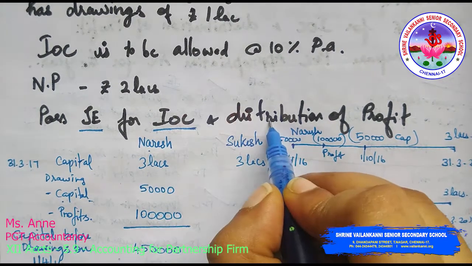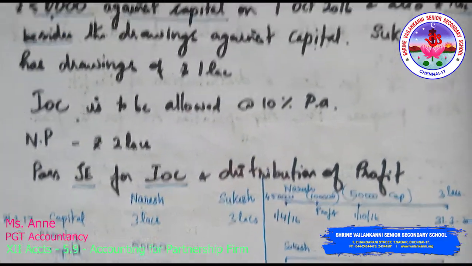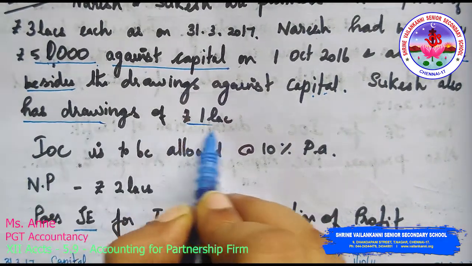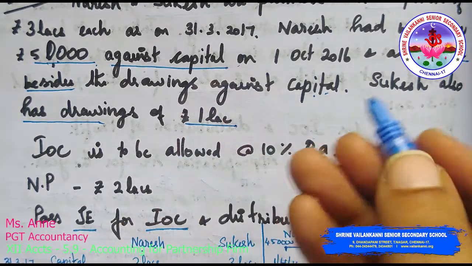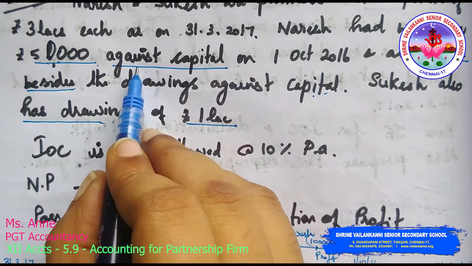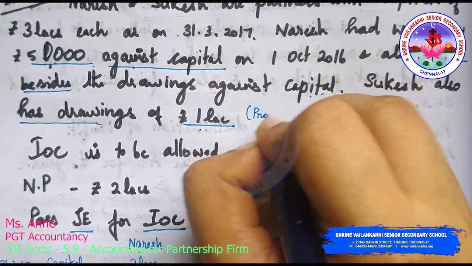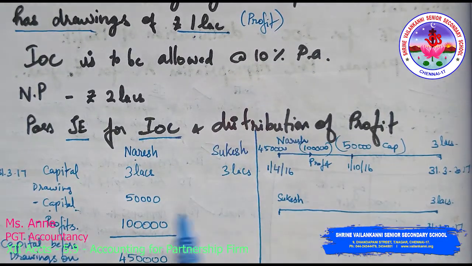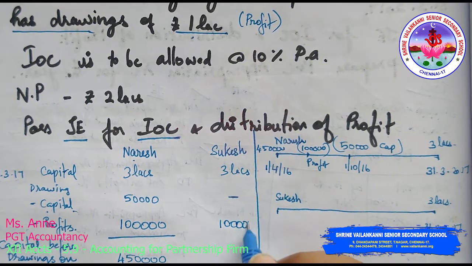Now we will come to Sukesh. Sukesh also has drawings of rupees 1 lakh. When no information is given about drawings, whether it is against capital or not, you assume it to be drawings from profits. So capital, he has not withdrawn anything, he has just withdrawn from the profits.